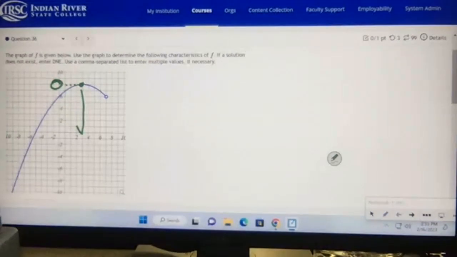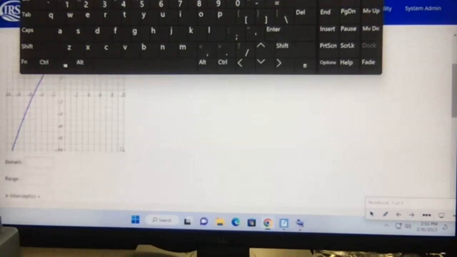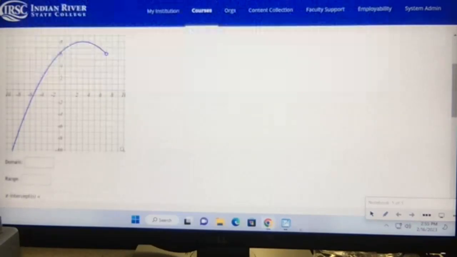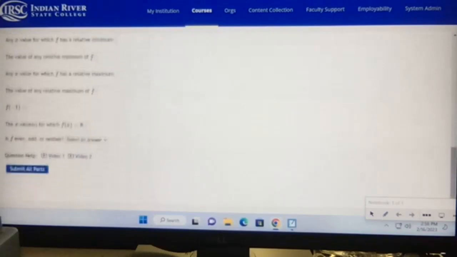We said this x value was +3. So +3 would be that answer. So when x is +3, y value is 8.